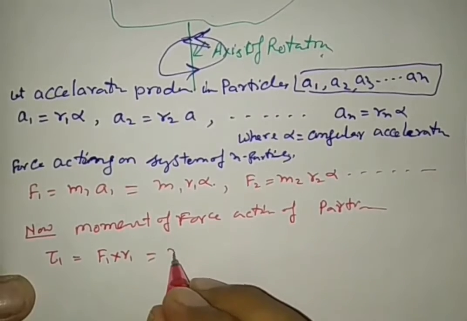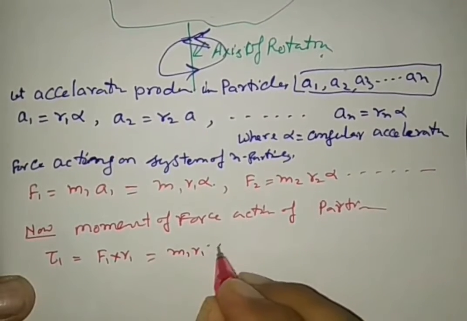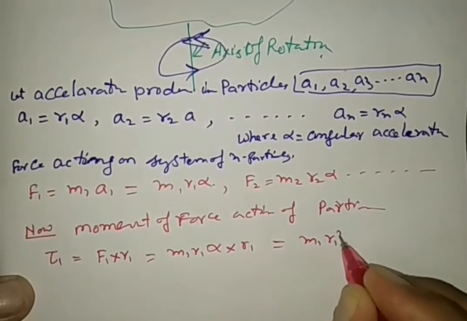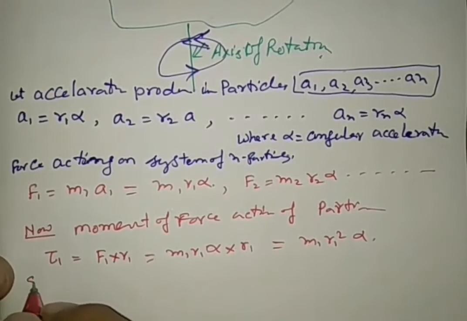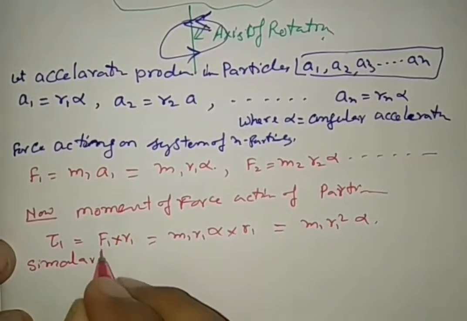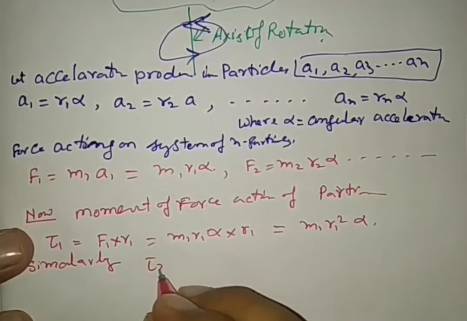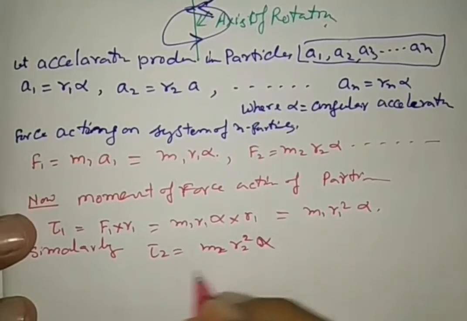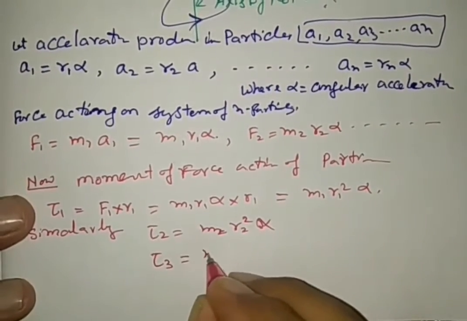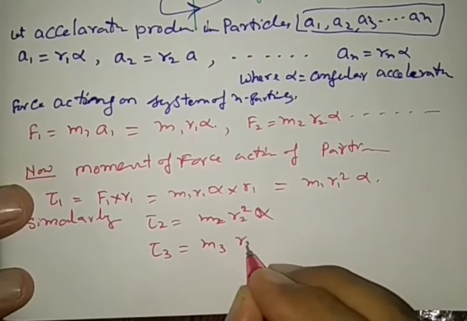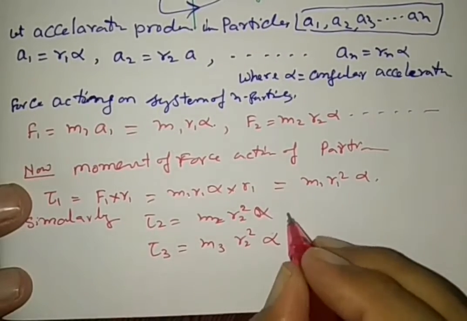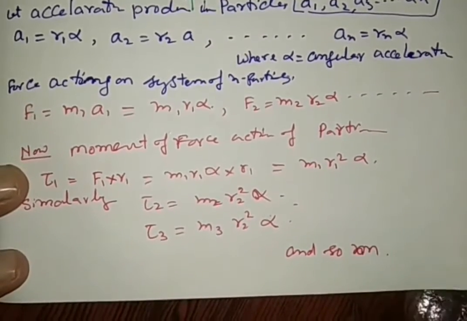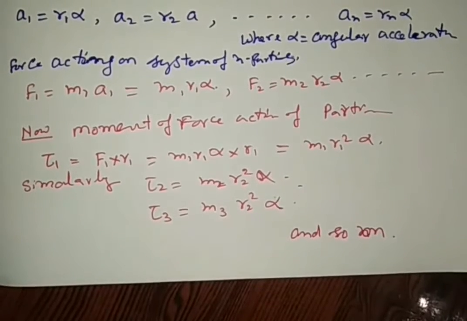The force acting on it is m1 r1 alpha, into r1, so it becomes m1 r1 square alpha. Similarly, we can calculate for the second particle: tau2 is equal to m2 r2 square alpha. On the third particle it is m3 r3 square alpha, and so on for n particles.